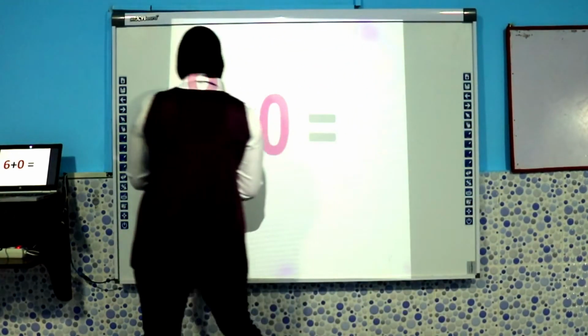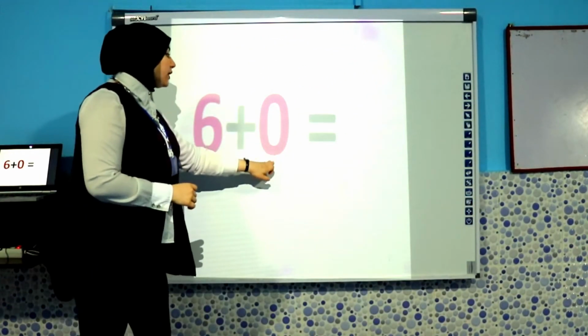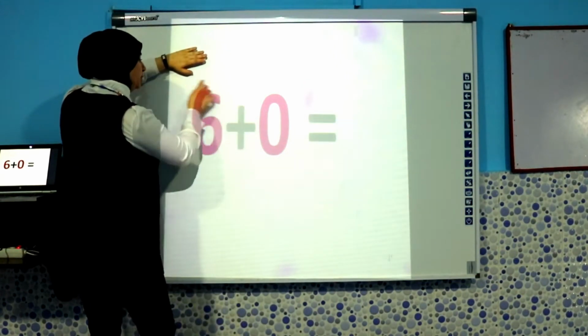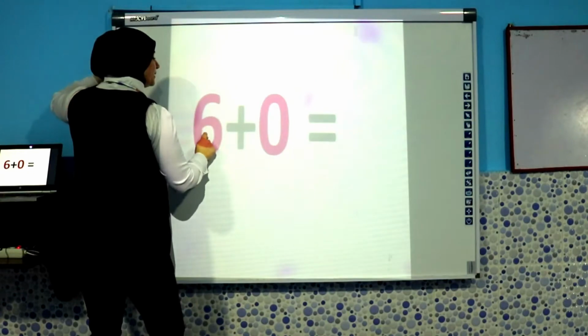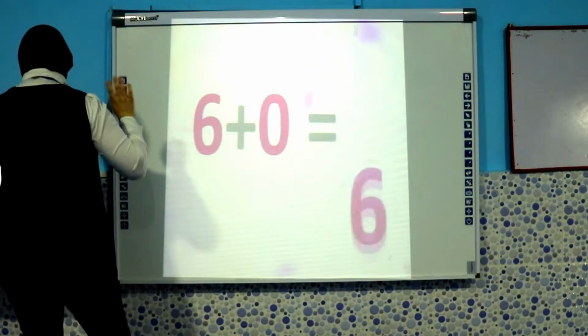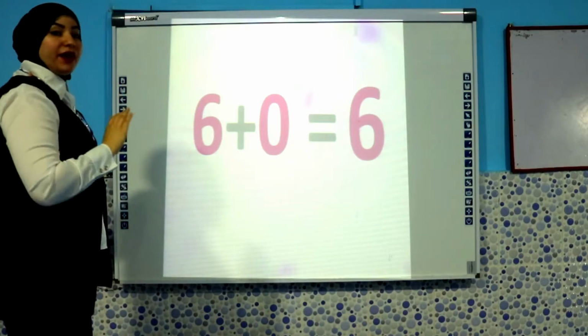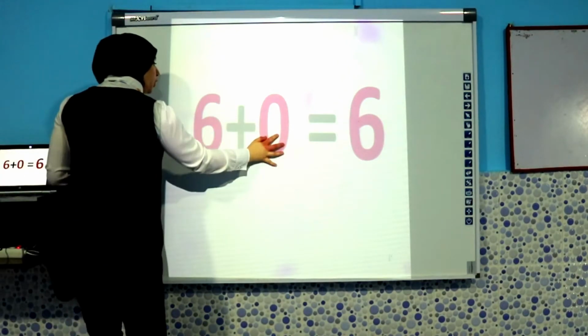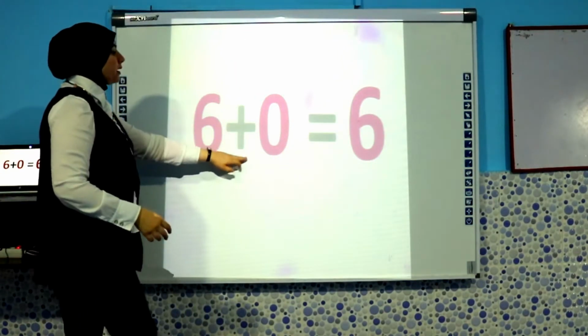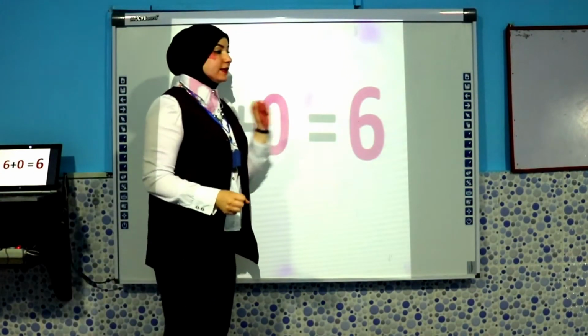What does it mean? 6 plus 0 gives me the same number here. What's the number that we have here? 6. So 6 plus 0 gives me 6. It's very, very easy. When I see 0, I take my number and get out. So 6 plus 0 gives me 6.